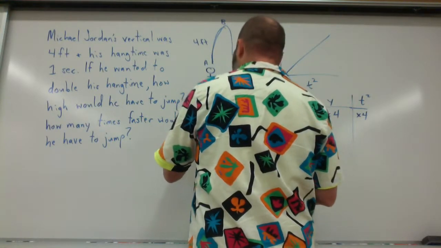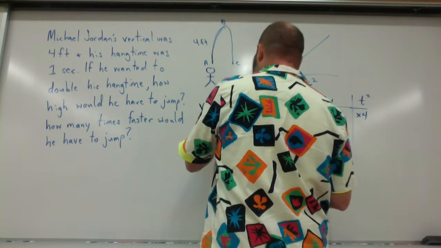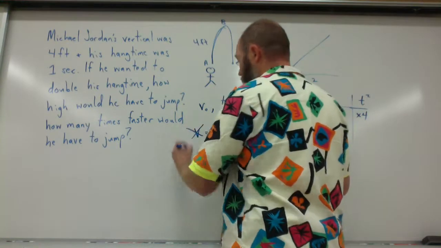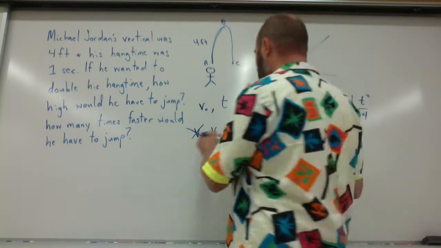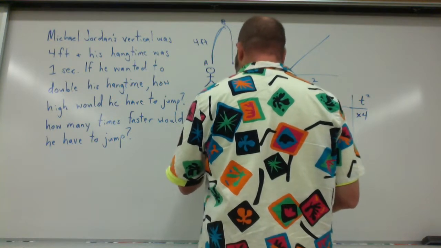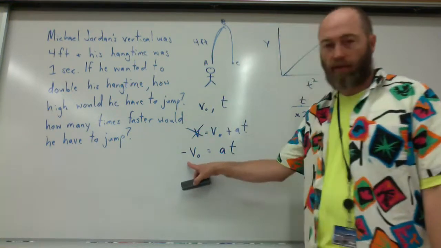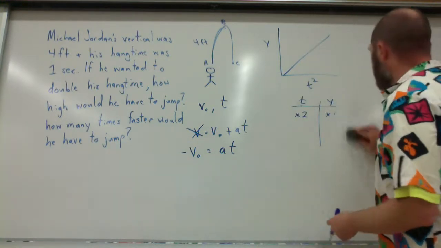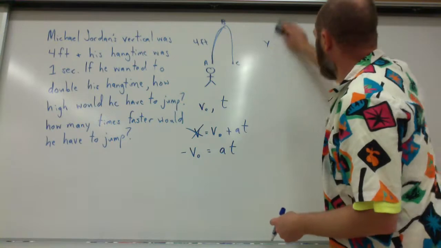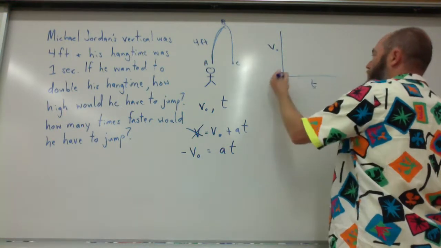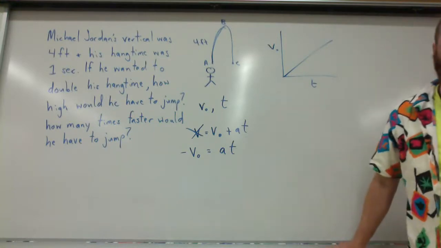If I was to write it out, it would look something like this, where this would be 0, and you would end up with V0 equals, it'd really be this, a t, but this is negative, this is also negative. If I was to graph V0 versus t, it's going to be a line.